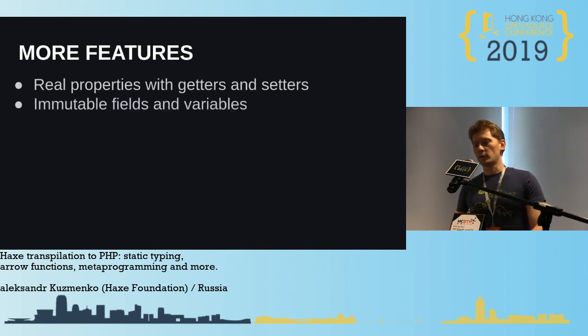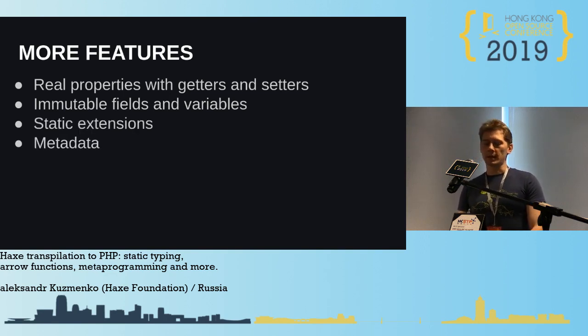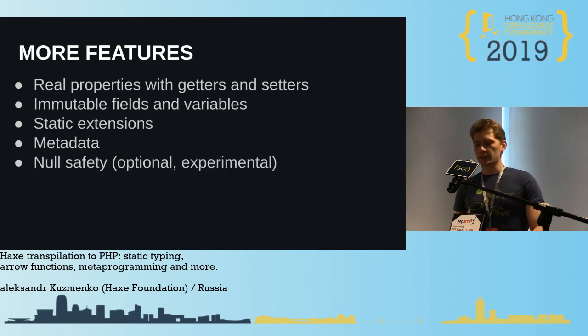Haxe has immutable fields and variables, static extensions, and metadata. You can annotate symbols in your code with some data, which will be available for macros, and you can use it in metaprogramming. Also, Haxe has an experimental and optional feature, null safety.